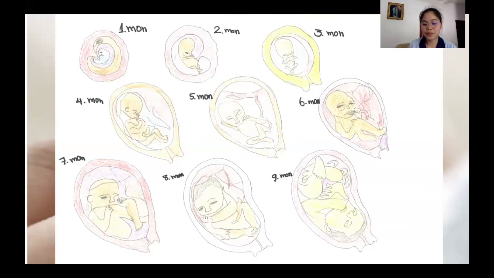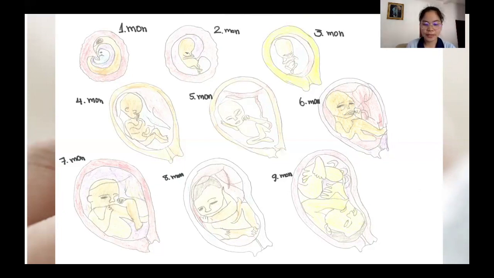The amniotic fluid begins to diminish. This means that this month, the water inside the mother's womb, called amniotic fluid, will begin to decrease.